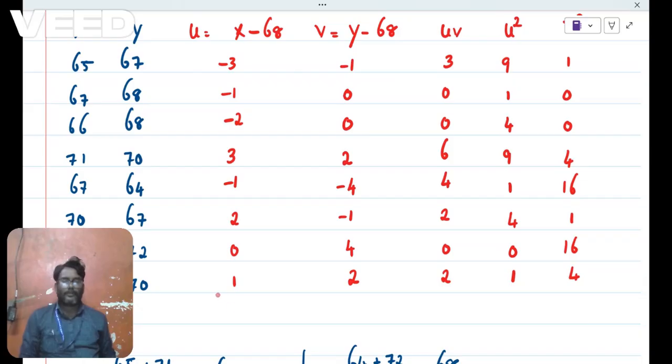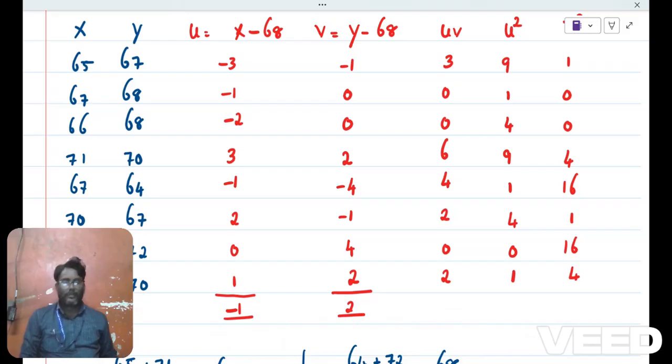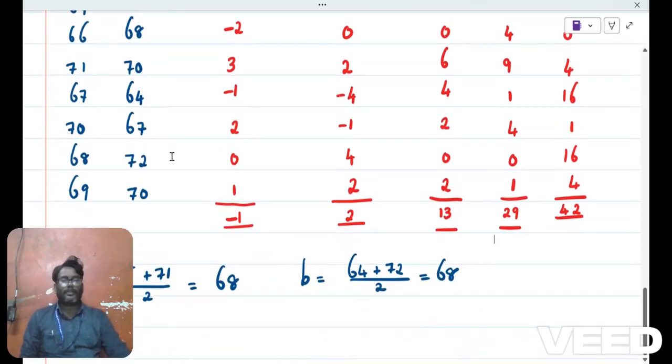Now we have to sum the values. The sum of u will be minus 1, sum of v will be 2, sum of uv will be 10, sum of u square will be 29 and sum of v square will be 42, right? Next we compute the correlation coefficient for u comma v.